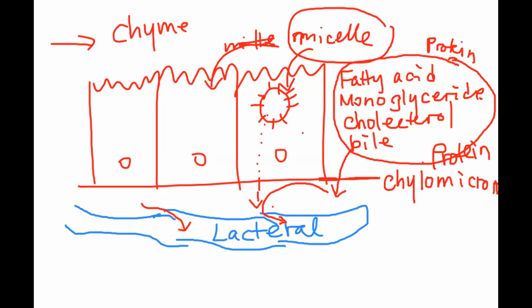Once chylomicrons are formed, they are transported out from the basolateral membrane by exocytosis, then diffuse in, are transported into the lacteals, and then back to the blood. So that is the small fat absorption process in the small intestine.